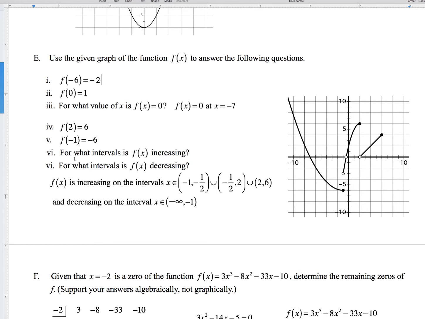Then part 6 asks the intervals over which the function is increasing and decreasing.